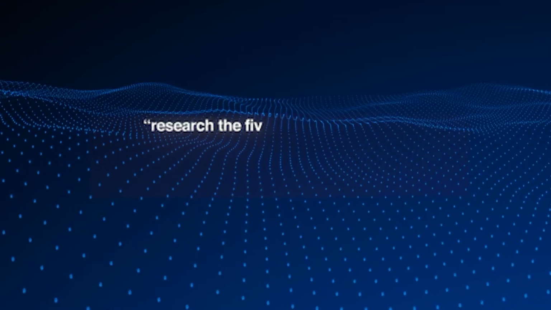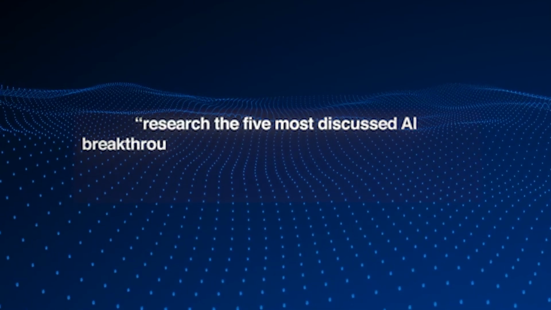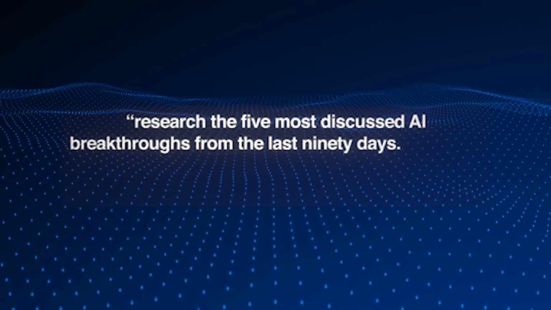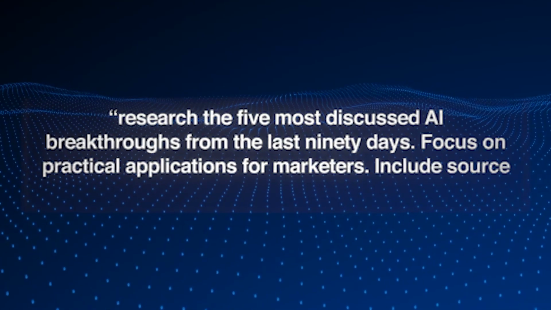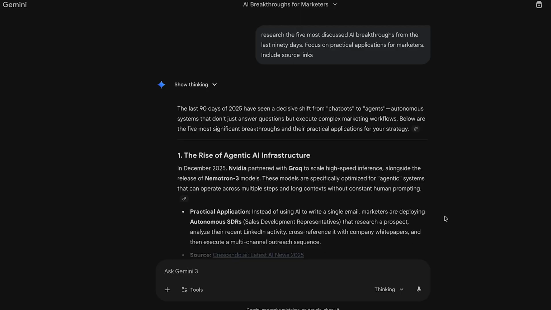I'll type, research the 5 most discussed AI breakthroughs from the last 90 days. Focus on practical applications for marketers. Include source links. Gemini takes a few minutes, scans the web, reads papers, blog posts, and news articles, and then comes back with a structured report.